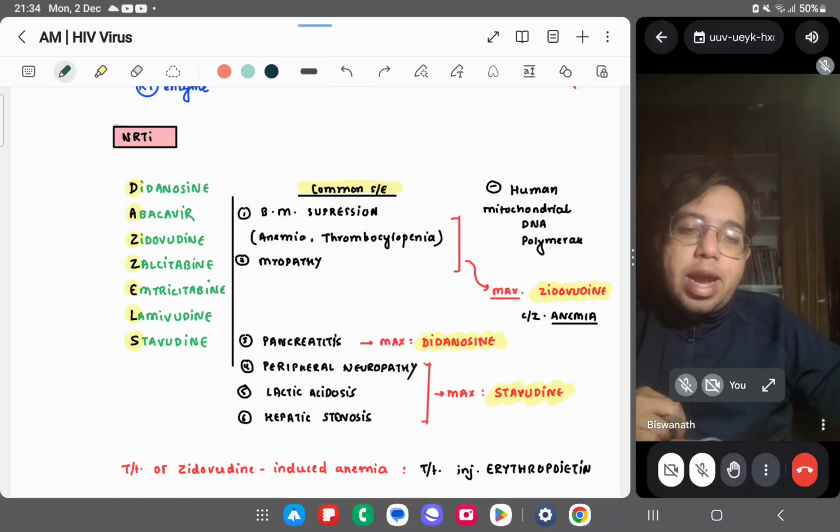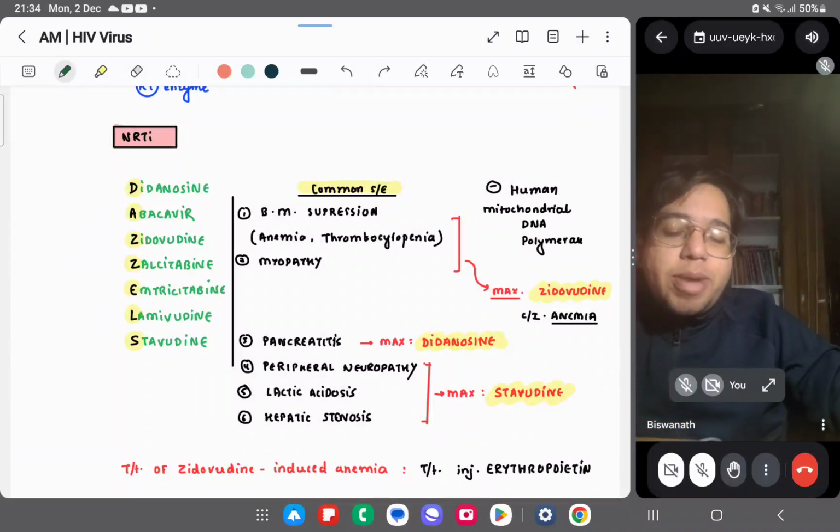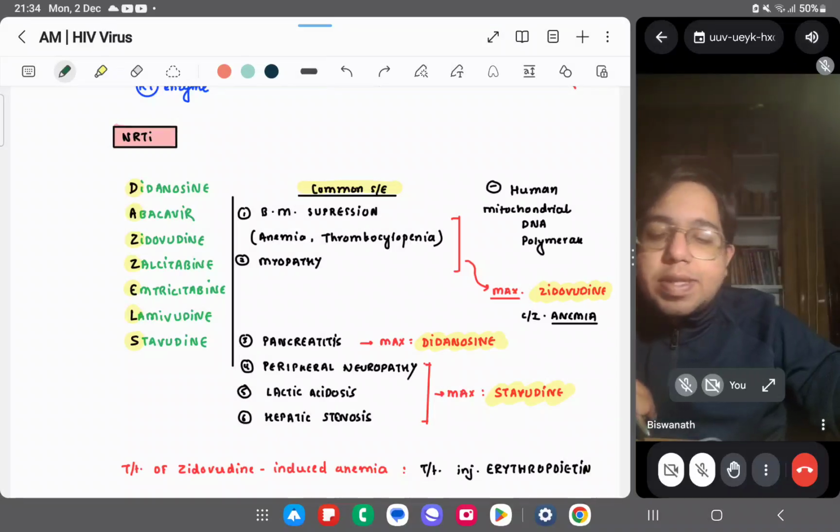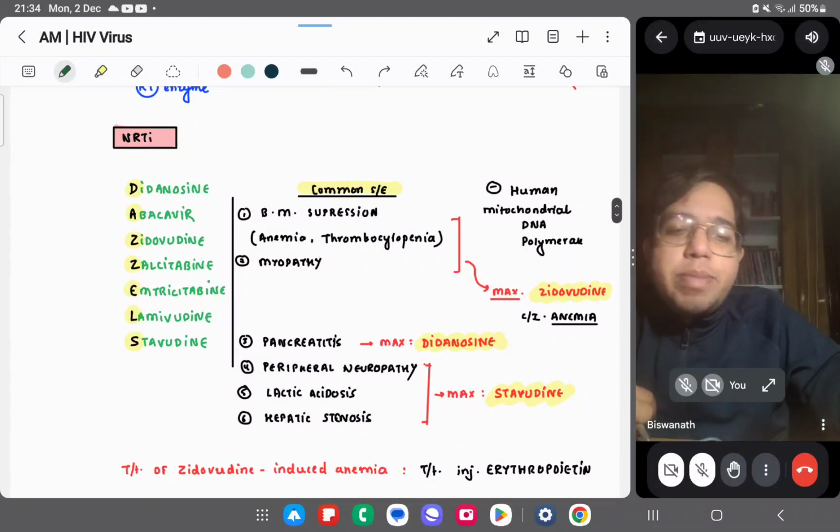Stavudine, Lamivudine, and Zidovudine, right? Zidovudine was the first ART which was developed, right? And Emtricitabine and Zalcitabine and Didanosine and Abacavir. Can you remember? Yes. Common side effects. Bone marrow suppression is one of the most common side effects, right? Maximum by Zidovudine. So it is contraindicated in anemia patients as well.